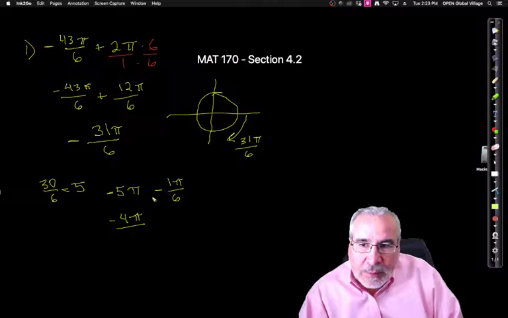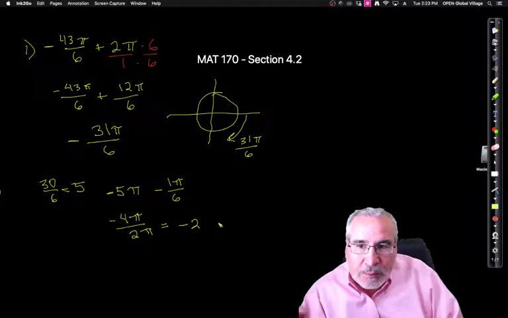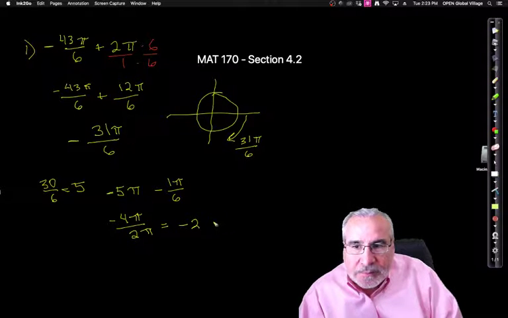That's going to take us how many times around the circle? 2 pi, 4 pi. So it takes us around the circle twice. I could have gotten that by dividing by 2 pi, and that gives me negative 2. That's the multiples. Often the questions ask you how many multiples of 2 pi.